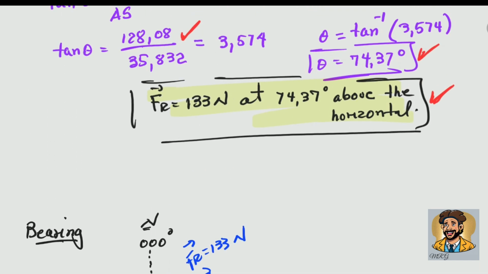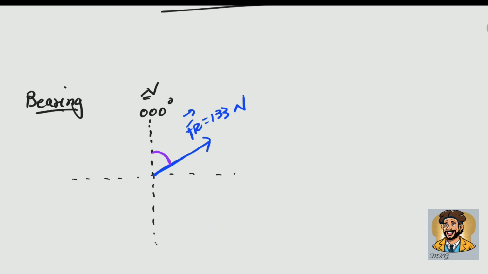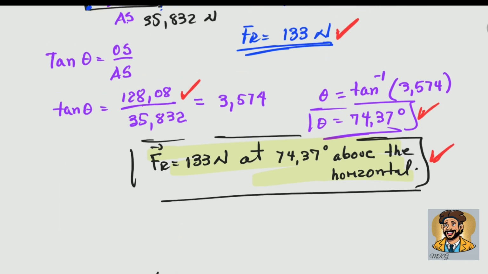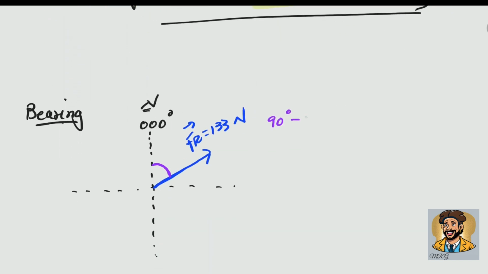And if you do calculations from here, that angle will be equal to 90 degrees minus what we calculated here, which was 74,37, and that is equal to 15,63 degrees. That is the bearing that we're using for that specific force.